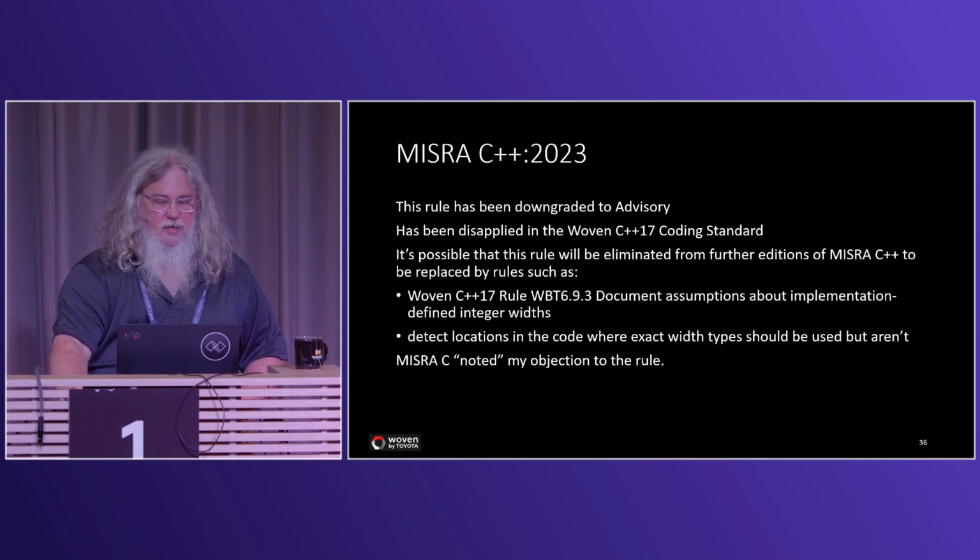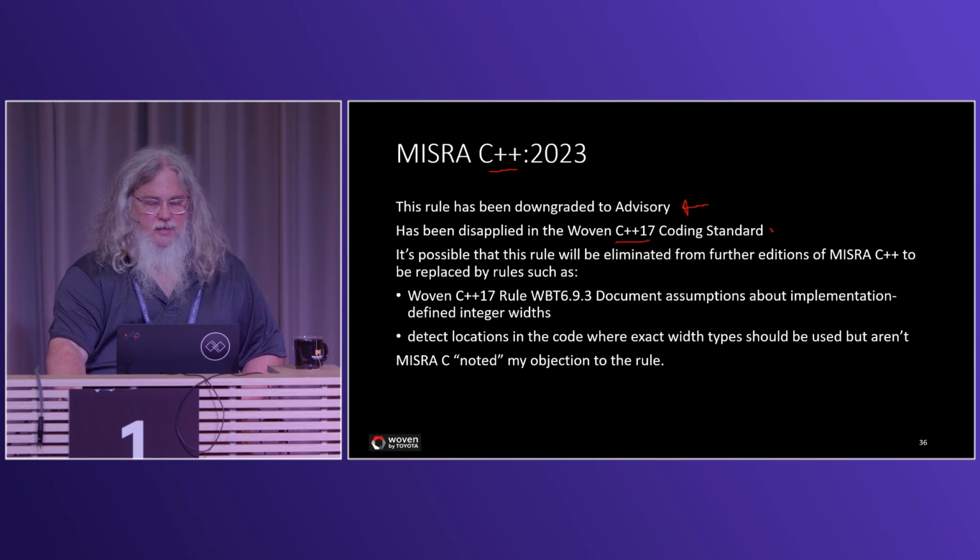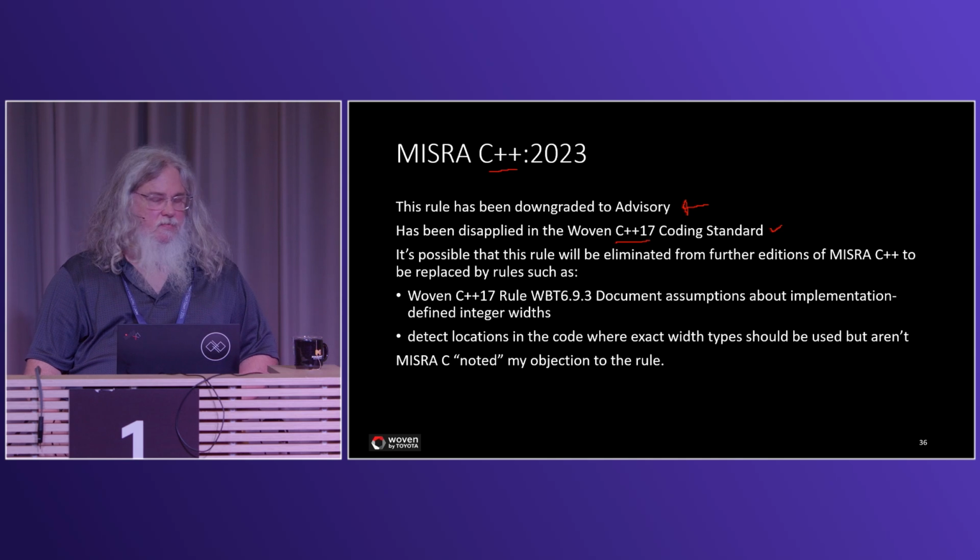So, roadmap and recommendations. In MISRA C++ 2023, this rule has been downgraded to advisory. So the first thing I did was disapply it. The second thing I did was go to the MISRA committee and say, you need to get rid of this.